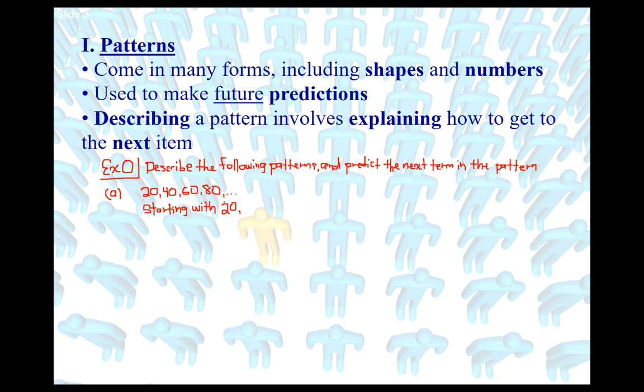Well, if you start with 20, what we're clearly doing to get to the next number in the pattern is we're adding 20. So I'd say starting with 20, I'm going to add 20 to get to the next term.